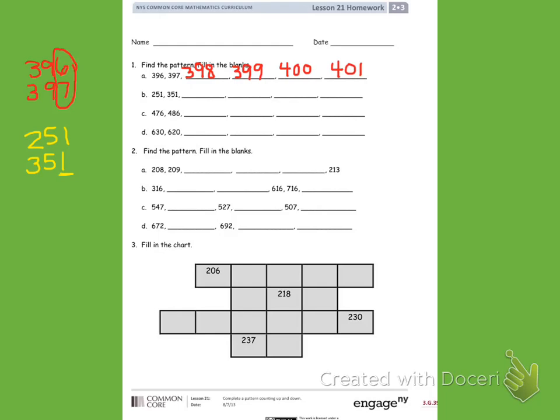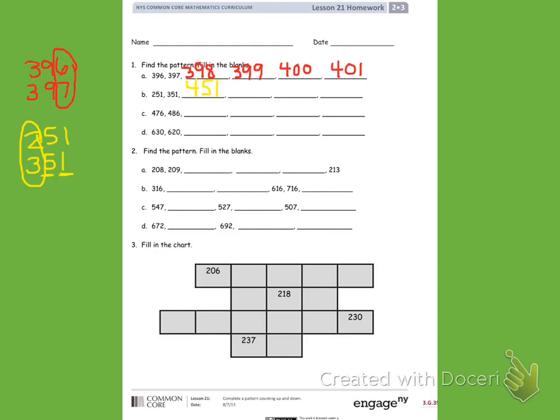There was no change. The tens column, both numbers were the same. There was no change. The hundreds column shows a change. So we will be counting by hundreds. 251, 351, 451, and so on. Do the same for items C and D.